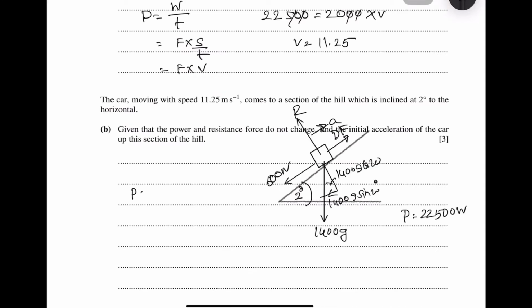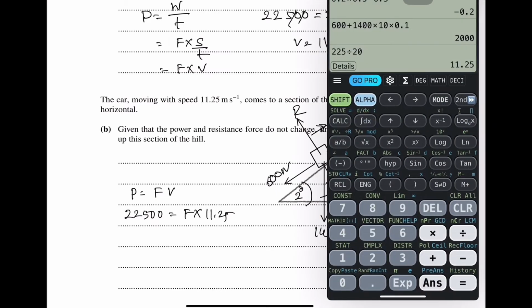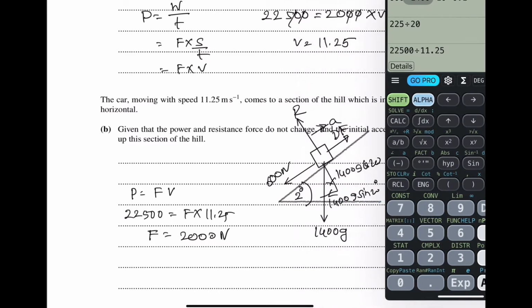So P equals F V. So F is here driving force, 22500, F into V is 11.25. 22500 divided by 11.25, that is driving force equals 2000 Newton.